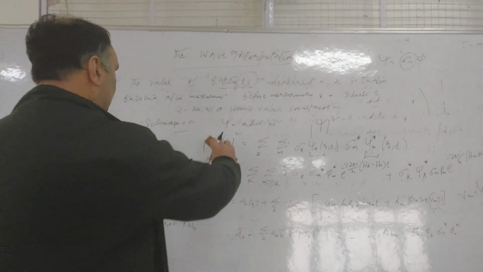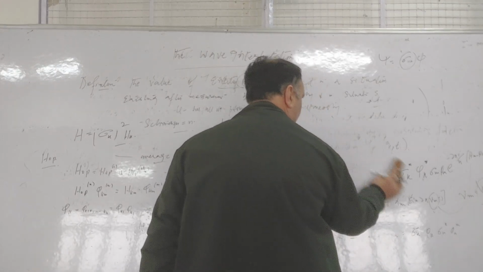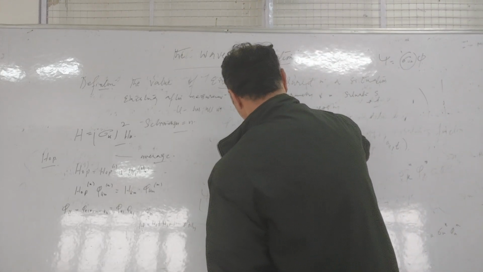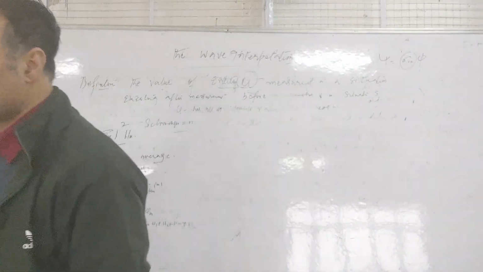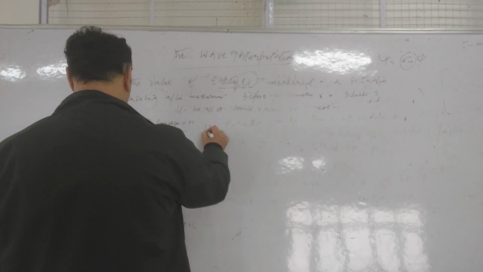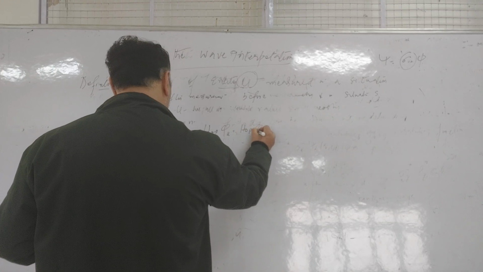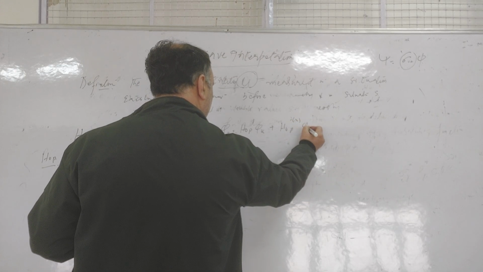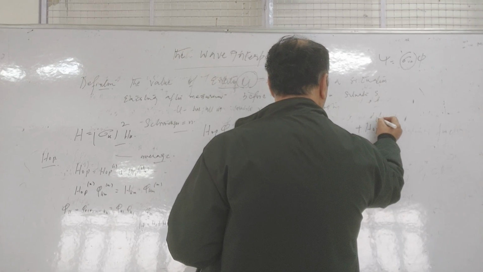Additivity can be there: H operating on phi of k is one H operating on phi of k1 plus, and so on, H operating on phi of kn.